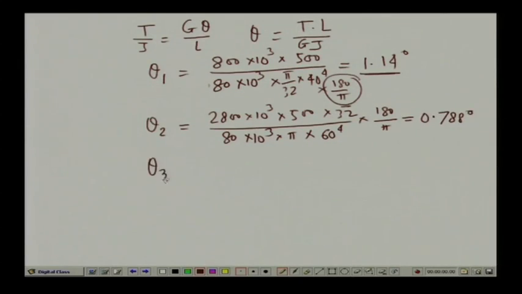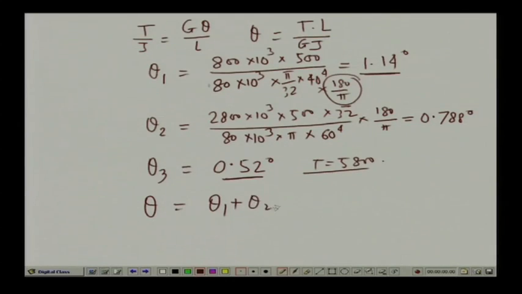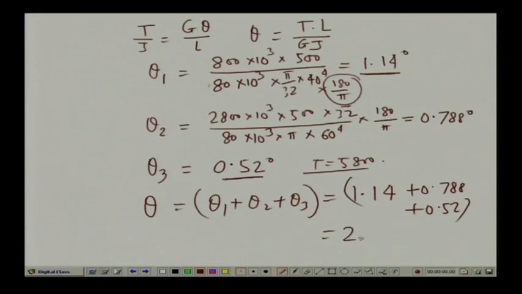And likewise, for the third segment, theta 3, we get this value as 0.52 degree if we take T as equals to 5800 Newton meter. So, the total rotation theta is equals to theta 1 plus theta 2 plus theta 3, because all twisting moments are in the same sense. So, this eventually comes as 1.14 plus 0.788 plus 0.52 degree, and this is equals to 2.448 degree. So, this is the angle of rotation because of the twisting moment that is acting in the non-uniform section.